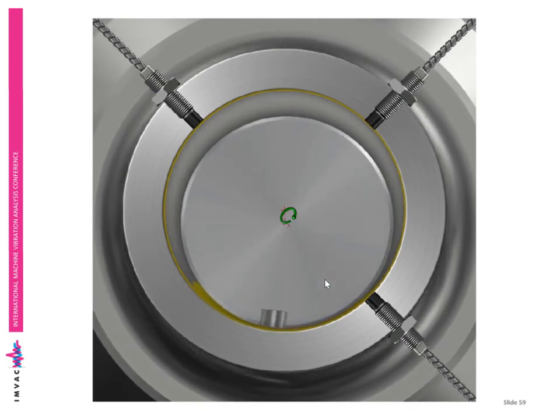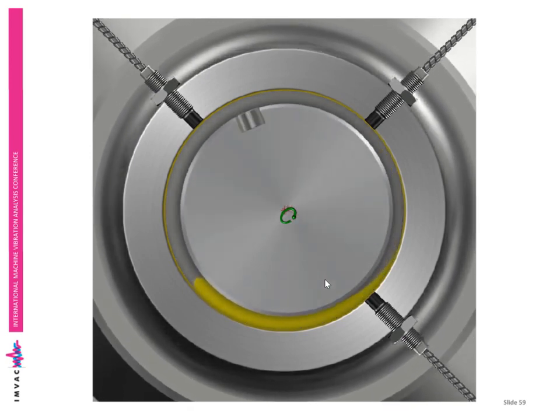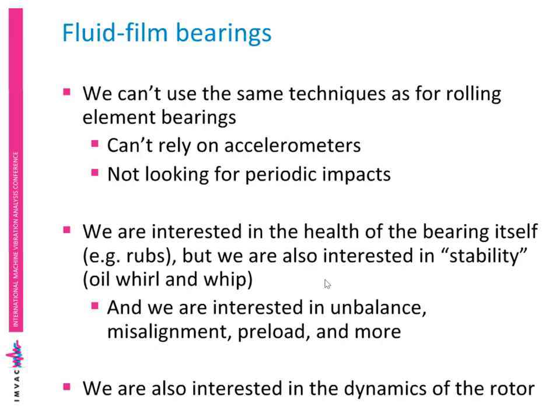It can become unstable, and that can damage the bearing or damage the machine. And they are conditions called oil whirl and oil whip. So we want to monitor the vibration and the position of the shaft within the bearing to detect whether this is a problem now or could become a problem.